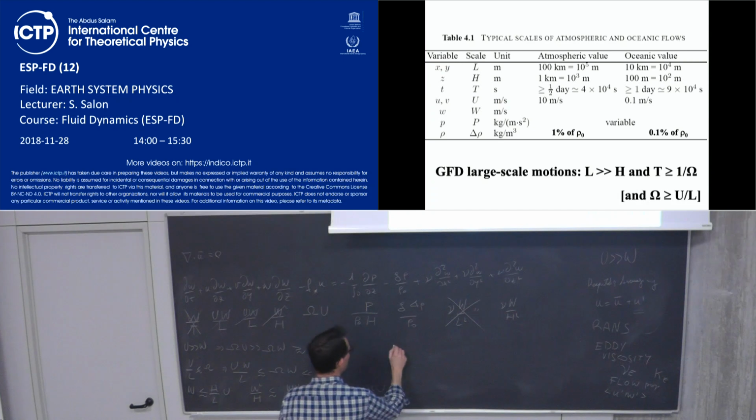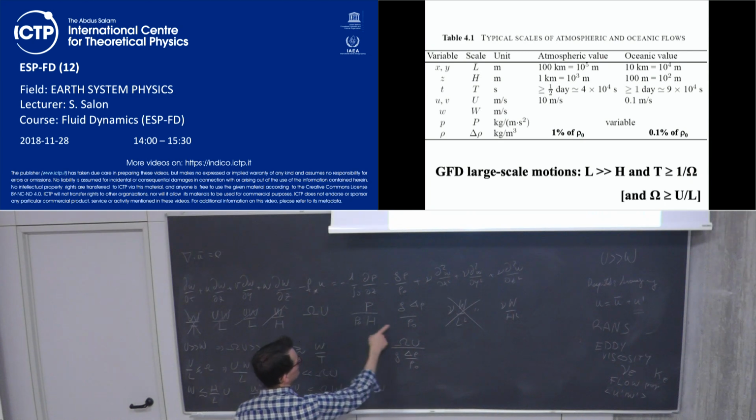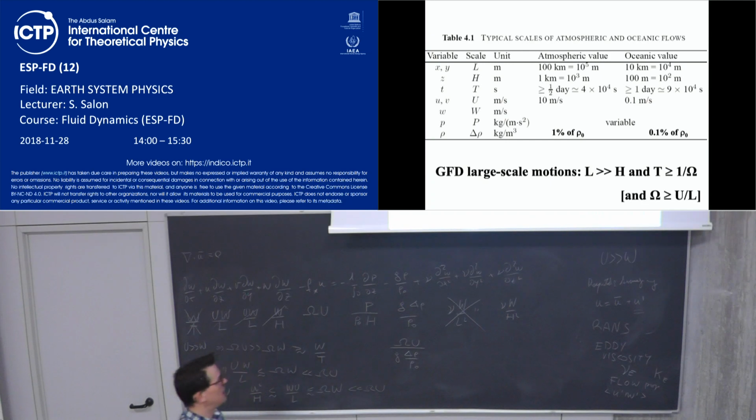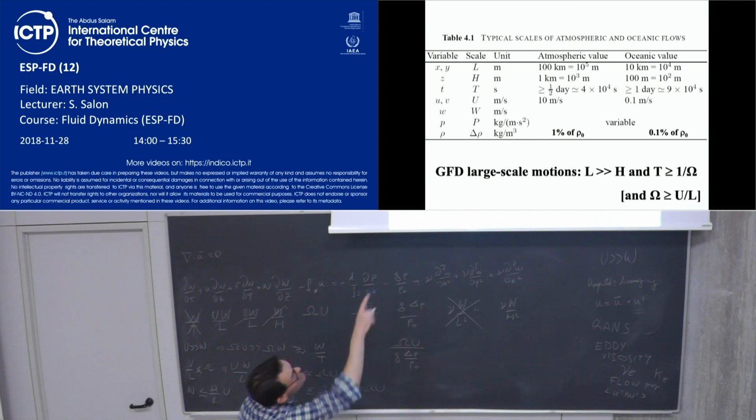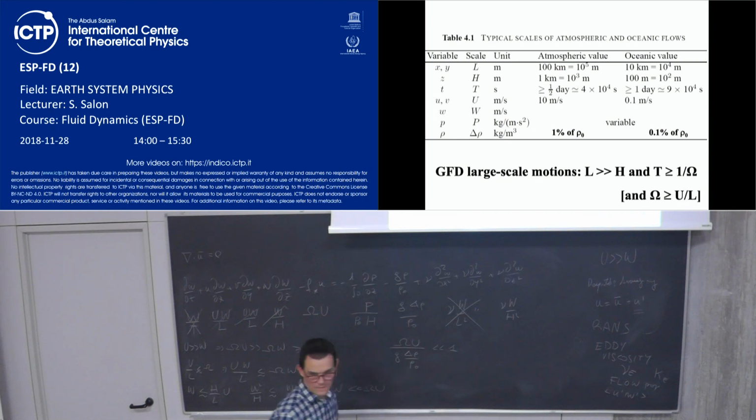So if we calculate the ratio between the Coriolis term and the buoyancy term, and we use those terms here, you will see that this is actually quite smaller than 1.